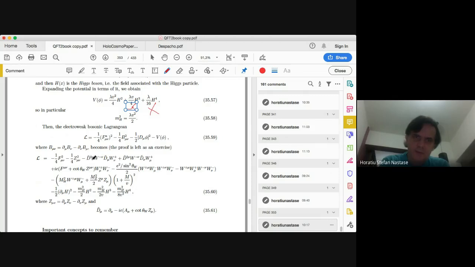So I write it with D mu covariant derivative, and then there's a minus and a plus because here I have mu nu, here I have nu mu. So if I ignore these covariant derivatives, if I have just del mu, then this would give the kinetic terms for the field W mu plus and W mu minus.